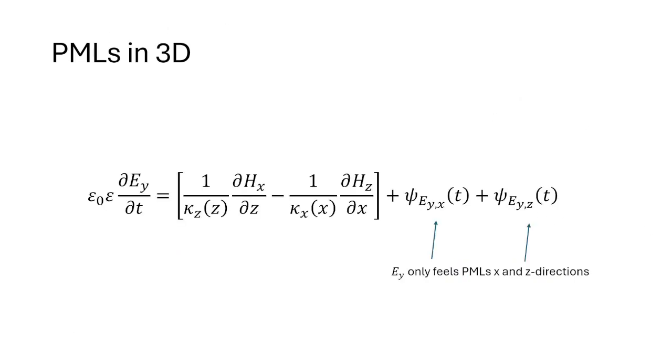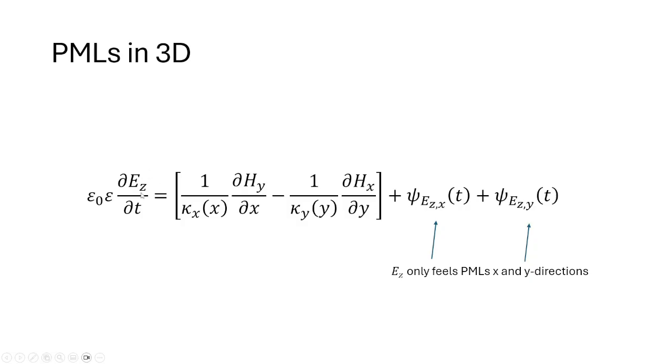So this is what the EY update equation would look like. Again, this is just Maxwell's equations, but for the EY component. And again, you can see here that we have this stretched coordinate representation for the z direction and for the x direction, but we do not need it for the y direction. So the EY component only feels the PMLs in the x and z directions.